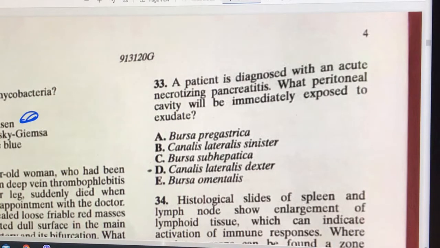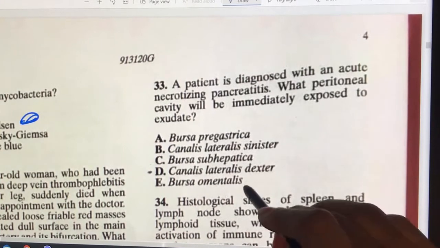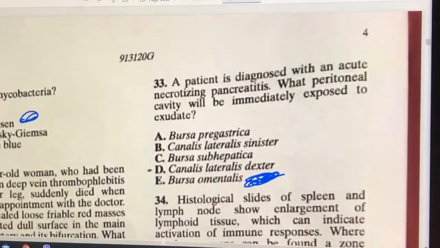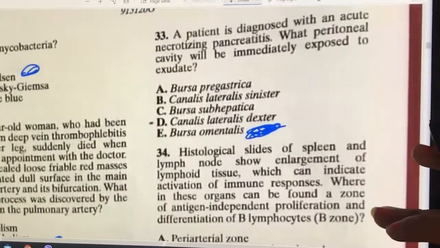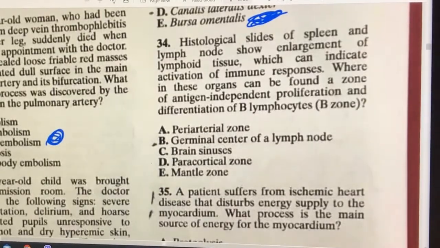So they are asking about acute necrotizing pancreatitis. What peritoneal cavity is immediately exposed? The pancreas is near the bursa omentalis, so the infection or anything can directly go to the bursa omentalis because it is nearby. Question number 34.